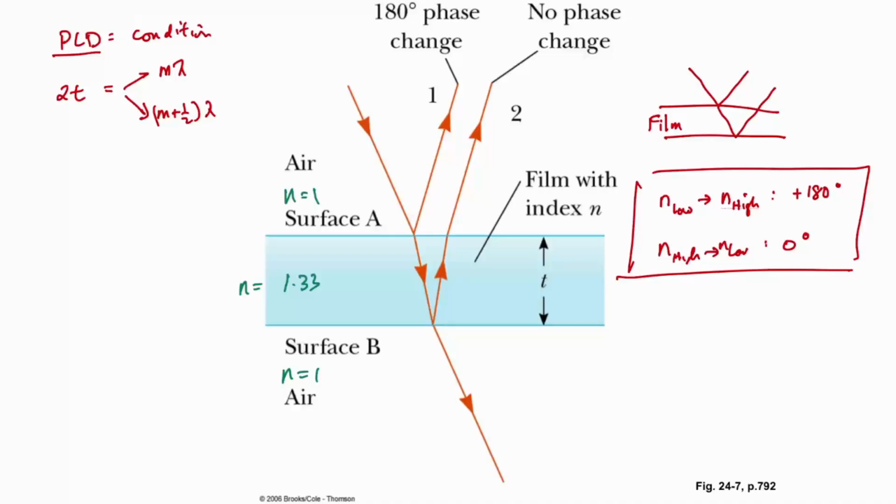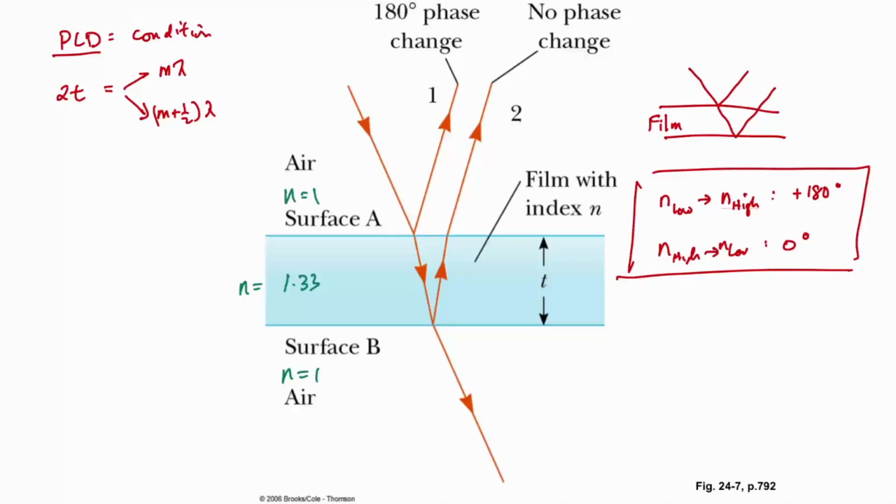One of them is 180, one of them is 0. When they come back together, what are we going to get? Destructive interference. Notice I said all of that in a language of, are we going to alter the phase relationship between the waves? The way we can alter it is to change the thickness of the film.